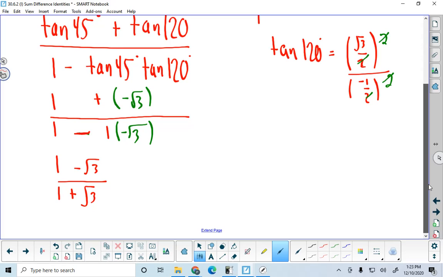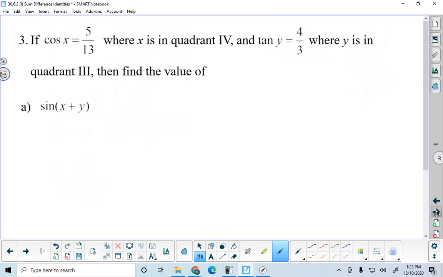All right, the last example is number 3, and we're going to spend a lot of time with 3a here. Well, I don't know what a lot is, probably about 10 minutes. But once we do 3a, b and c are really, really simple to do. The first thing I want everybody to do is to rewrite this question, and we're going to think of it as being cosine of angle A equals 5 over 13, and tangent of angle B equals 4 over 3.